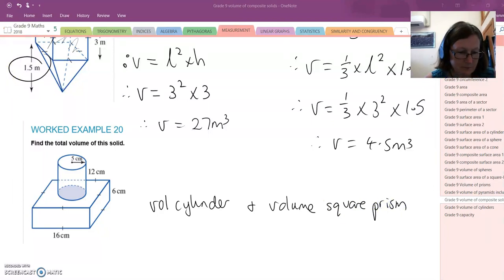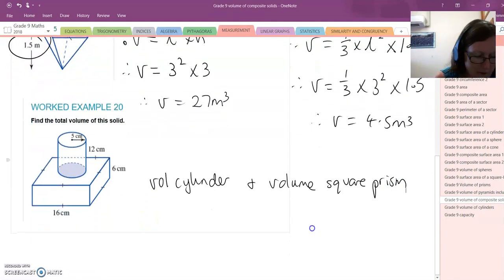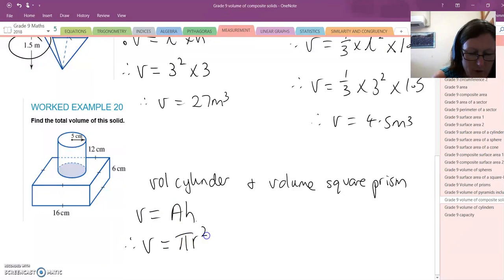Okay, so for the volume of a cylinder, the formula is V equals AH. A stands for the area of the base. The base of a cylinder is a circle, so the area of a circle is pi r squared, and we times that by h. So again, a reminder: instead of A, the area of the base, I've written pi r squared because the base shape of this cylinder is a circle.